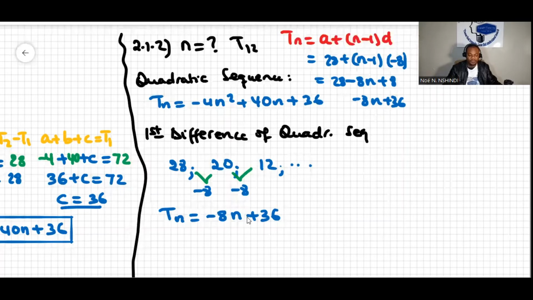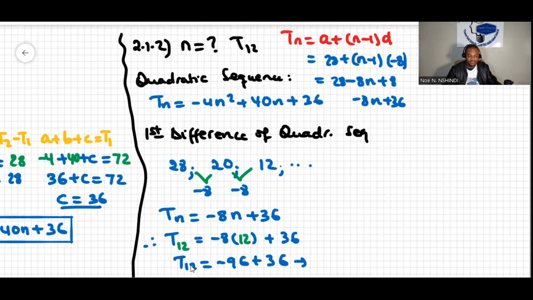Okay, so now we are going to find the 12th term of this arithmetic sequence. Therefore T12 will be equal to -8n plus 36. Wherever we have n, we substitute the value 12. T12 equals -8 times 12, which is -96, plus 36.